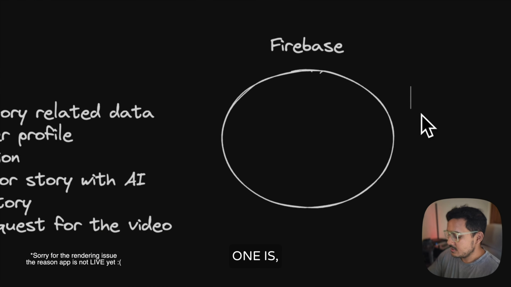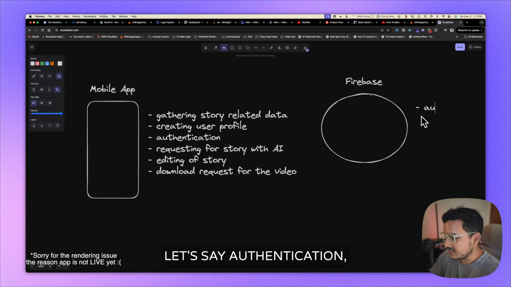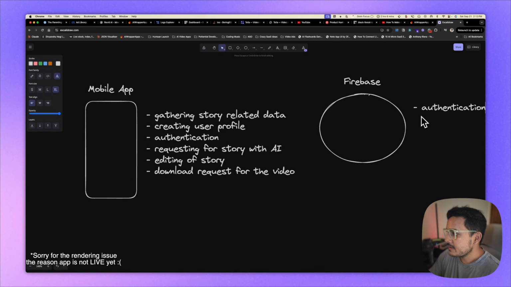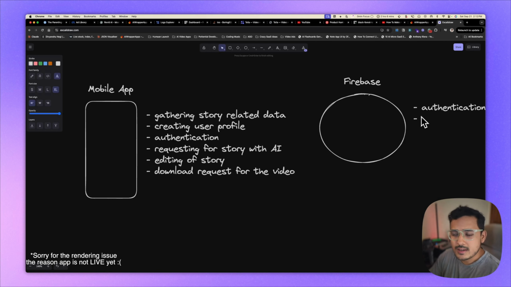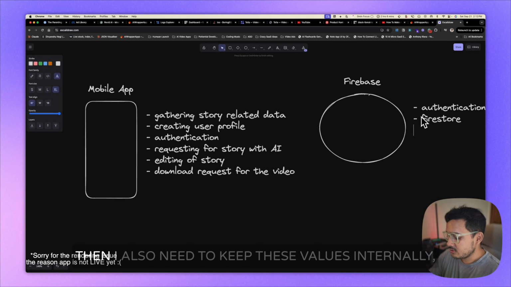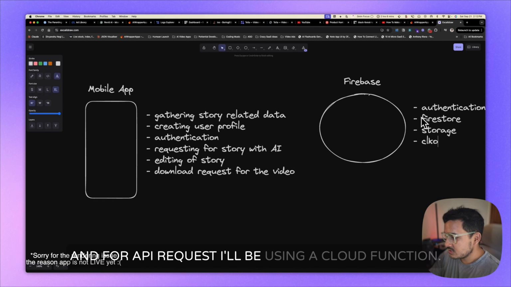One is Firebase authentication. Another thing which I'll be using, after authentication, is Firestore. Then I also need to keep these values internally, so for that I'll be using storage. And for API requests, I'll be using a cloud function.